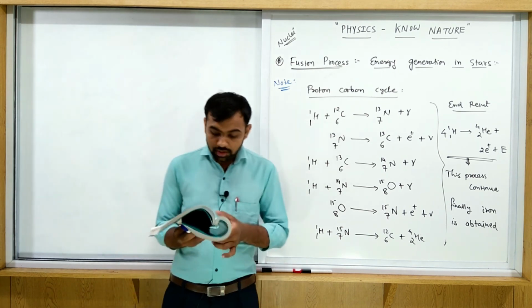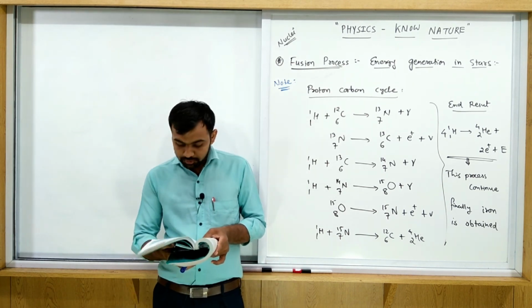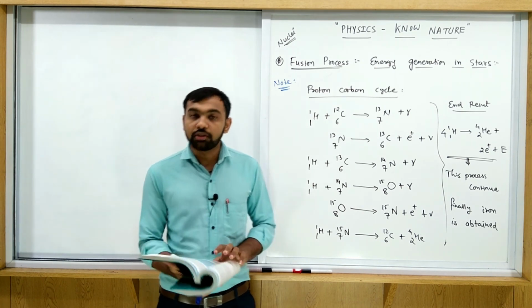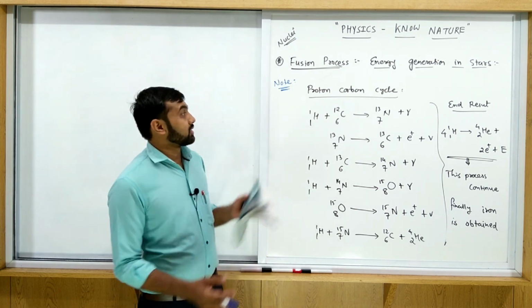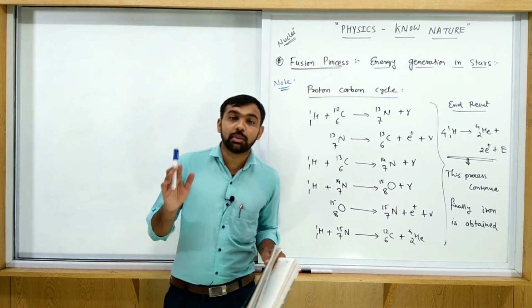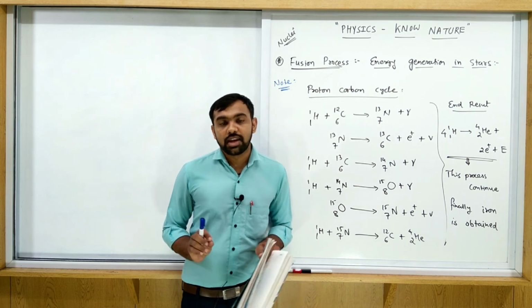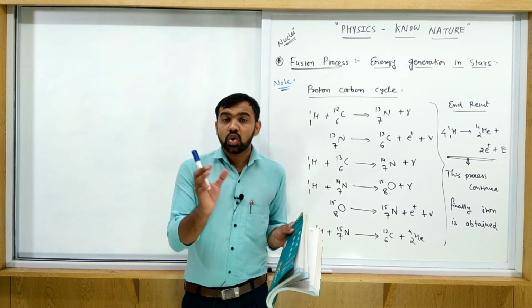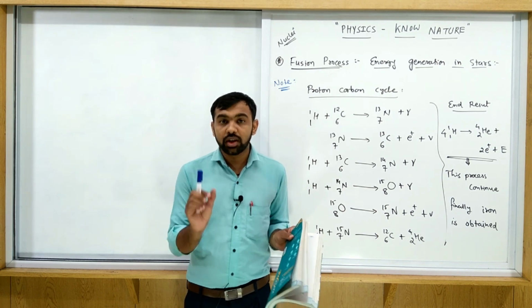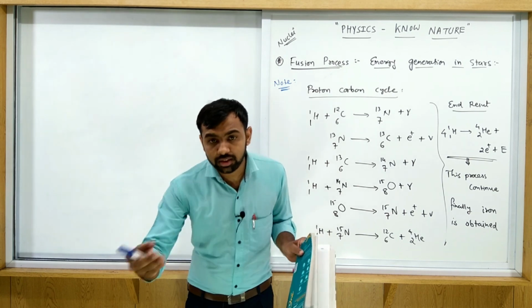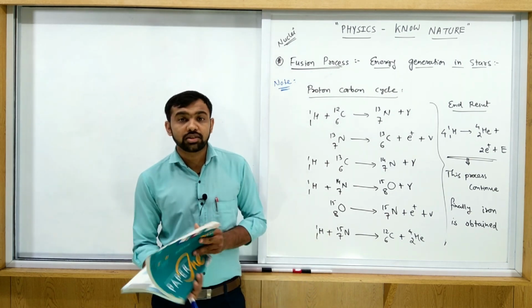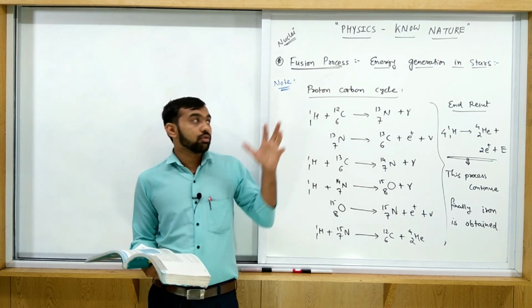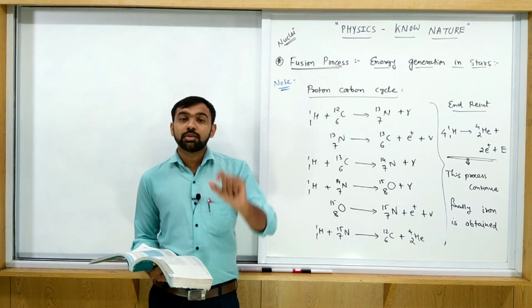Now one topic is given in our textbook, page number 457, topic number 13.7.4, controlled thermonuclear fusion. Fusion processes occur at temperatures of 10^6 or 10^7 Kelvin, but it is quite difficult to operate at this temperature within a confined space. All countries are working on creating a nuclear fusion process in a confined space.